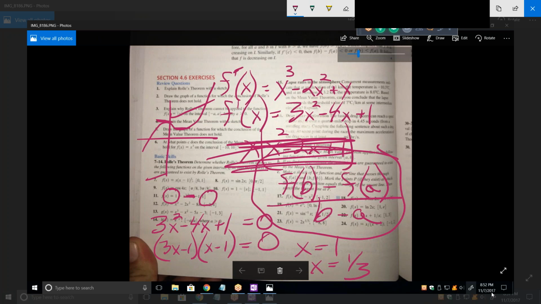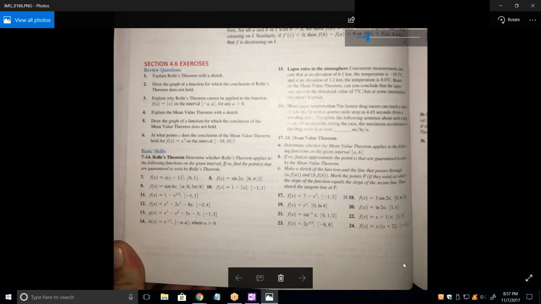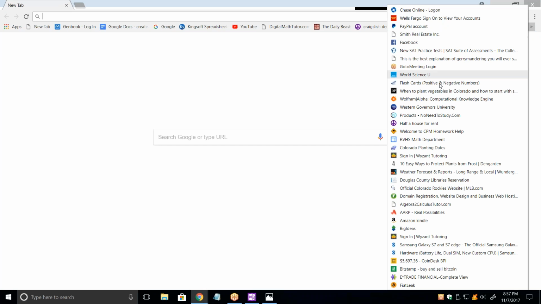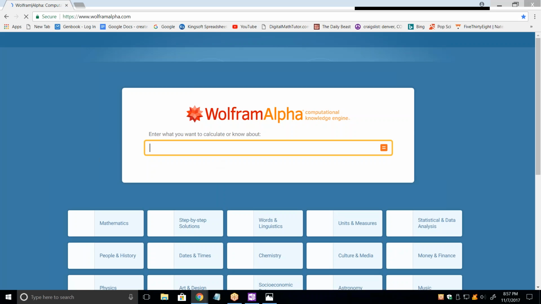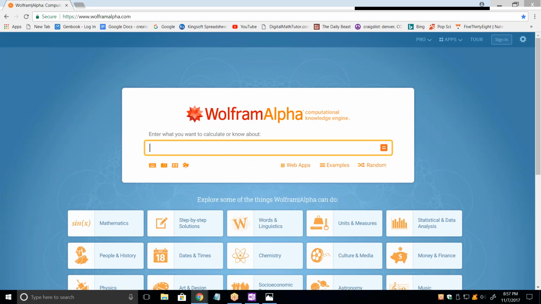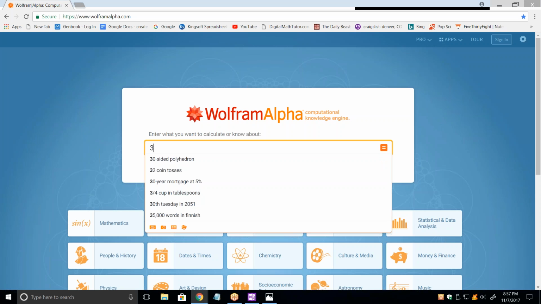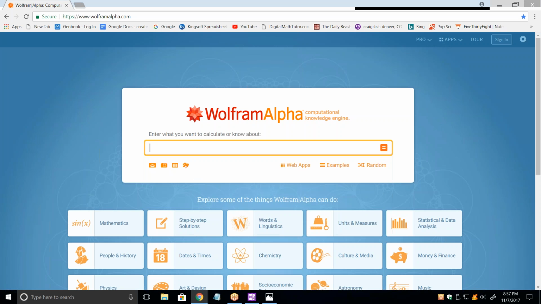We got 5 minutes. I'm going to graph this in Wolfram Alpha, and let's see what this thing looks like. Okay. 3x squared minus 4x plus 1. I want to plot the original function, not the derivative.